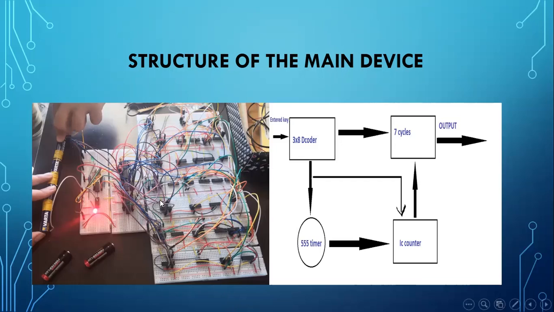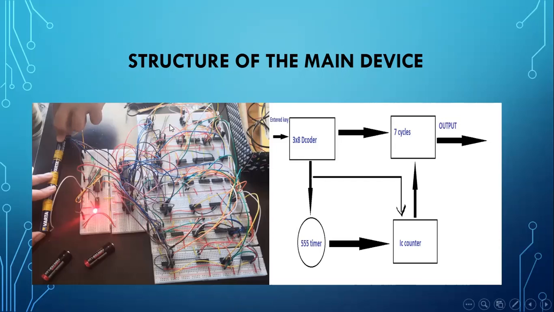So here in the picture, unfortunately, we're going to have red LEDs all the time due to the capacitor and resistor in the 555 timer. According to the equation for the 555 timer, we're going to have a time cycle or frequency of every 0.1 seconds.